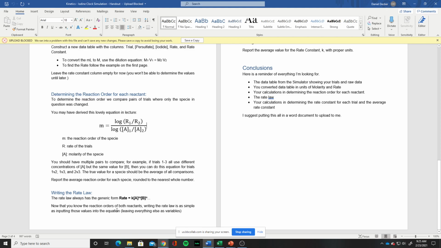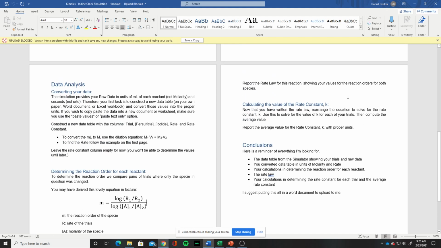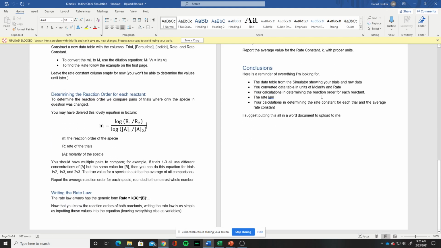Now that you know the reaction orders for both reactants, writing the rate law is as simple as inputting those values into the equation, leaving everything else as variables. So report the rate law for this reaction, showing the values for the reaction orders for both species.